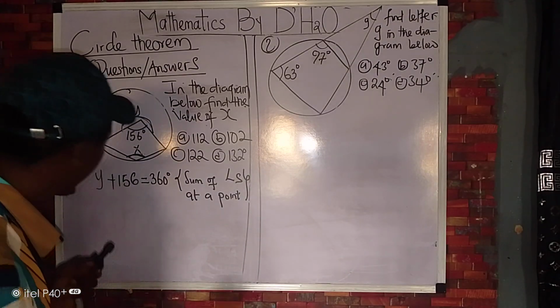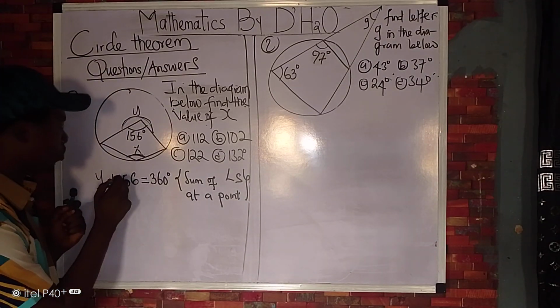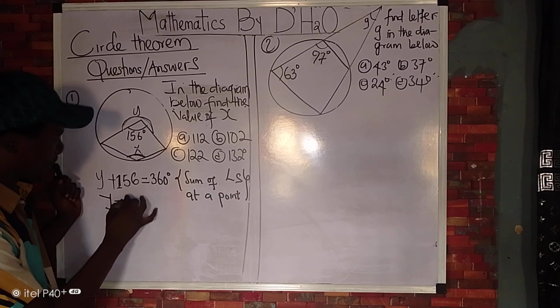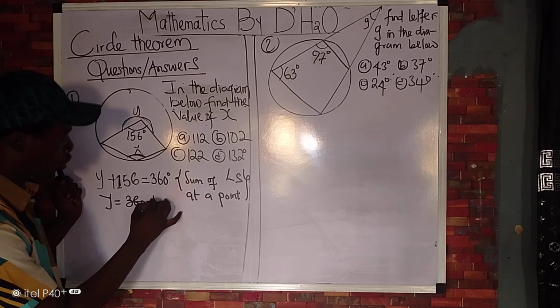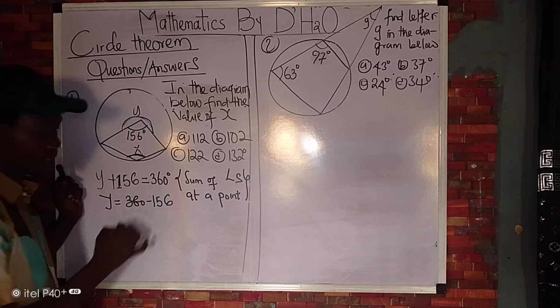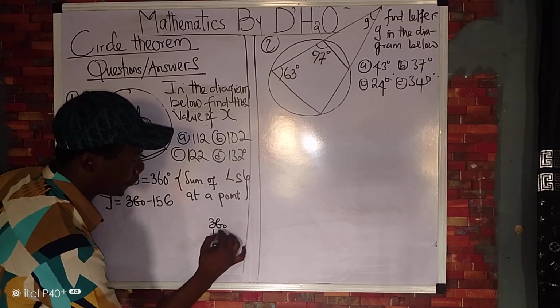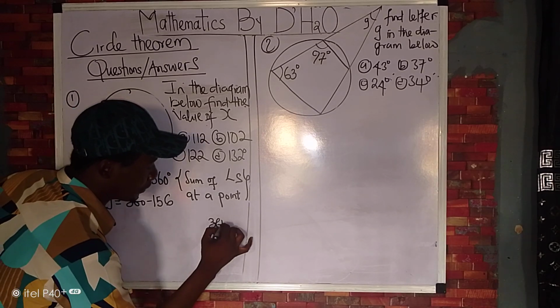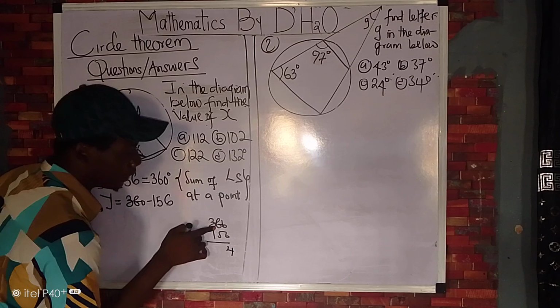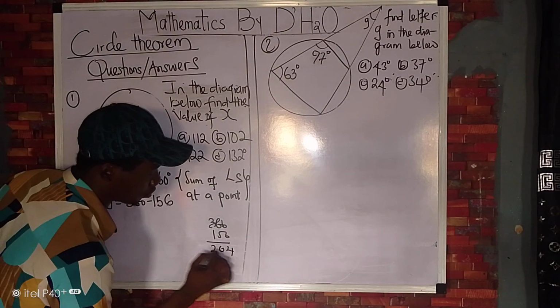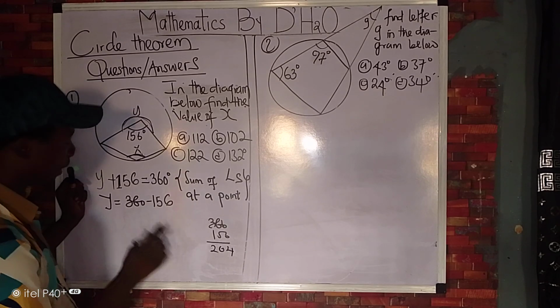If you are writing WAEC or NECO, you must state your reason. Okay? So how do we get y? y becomes 360 minus 156 degrees. Let's do that quickly. 360 minus 156. Here you have 10 minus 6, 4. This now remaining 5. 5 minus 5, 0. And this 3 minus 2, 1, 2. So what you have is what?